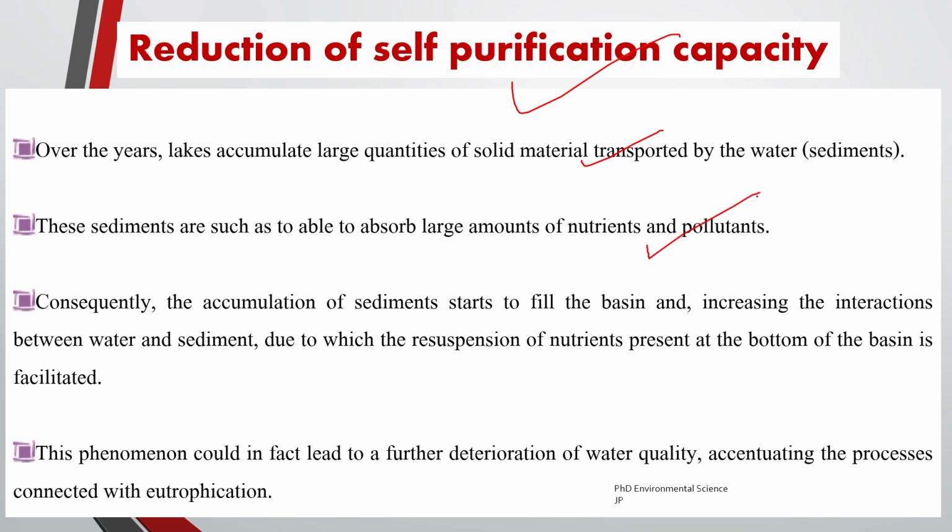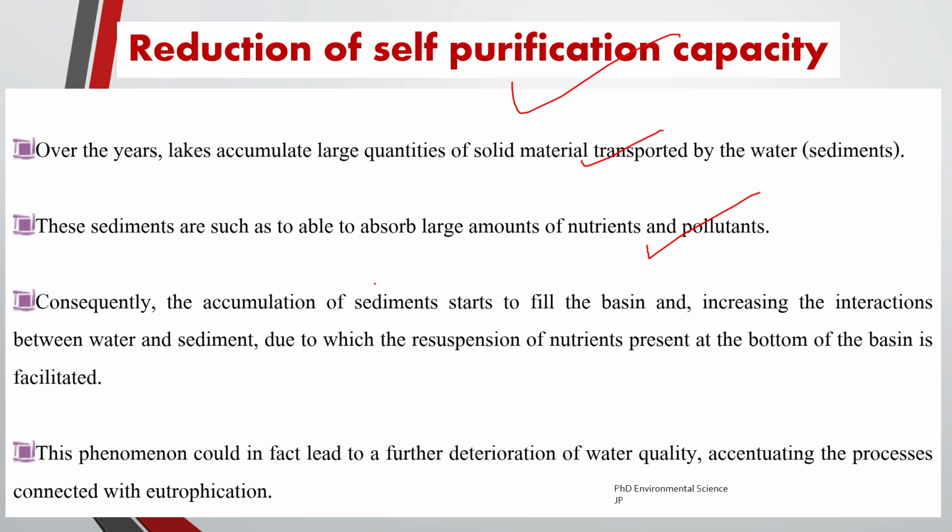Sediments can absorb and retain large amounts of nutrients such as nitrogen and phosphorus, and pollutants such as heavy metals, pesticides, and organic contaminants from the water column. This process effectively removes these substances from the water, temporarily storing them in the sediment.